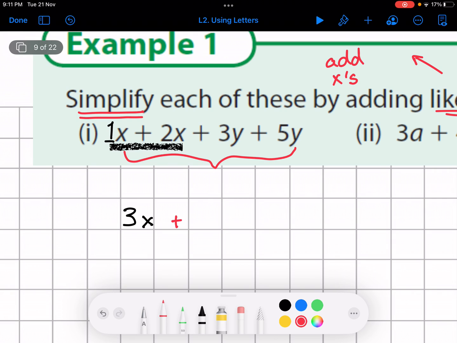Plus 3y plus 5y. If I have 3 of something and I add another 5, we add them together. So that would be 8y.